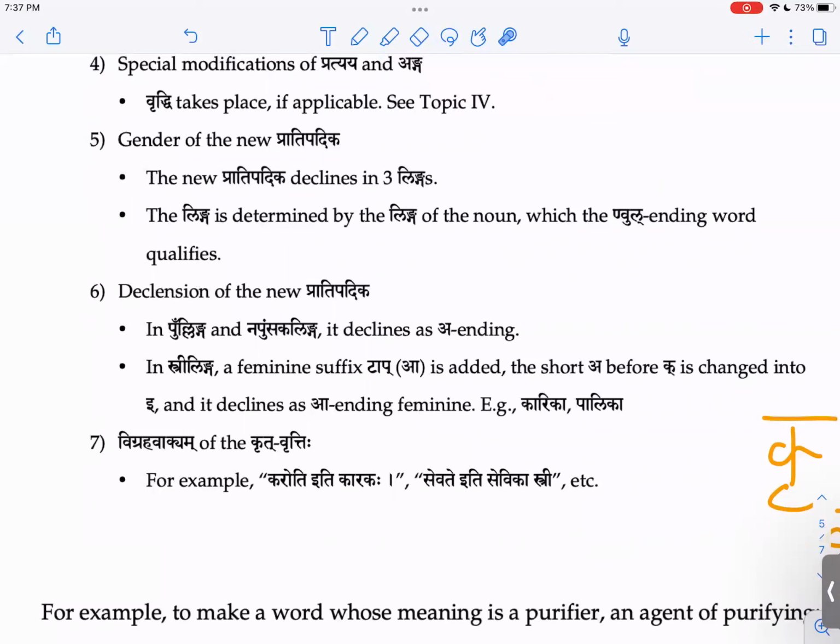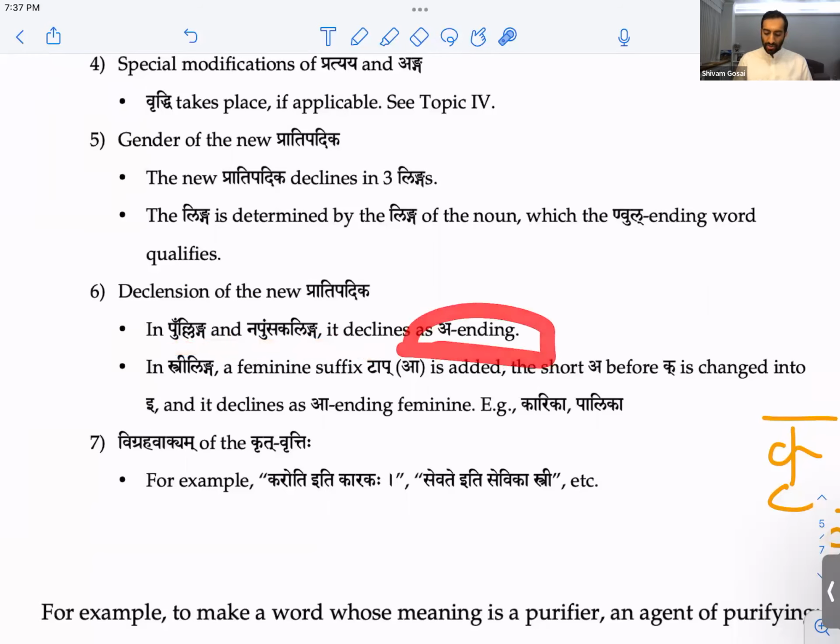So, Mahodaya, that means it is the linga of the Visheshya. Yes, correct, exactly. In Pumlinga and Napumsakalinga, it declines just like Rama or Jnana, which we know really well. So these are easy in that way. In Strilinga, I'll show you in a moment how it transforms. Make sure to remind me about the Strilinga.